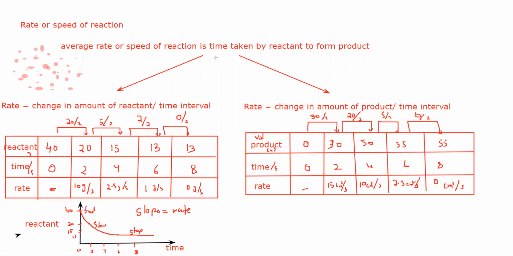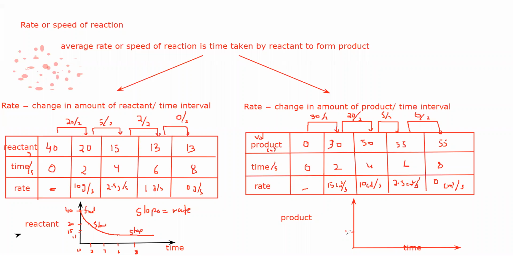And if I sketch this result on a graph, volume of the product against time, this will start with 0 because when the time is 0, the product is 0.